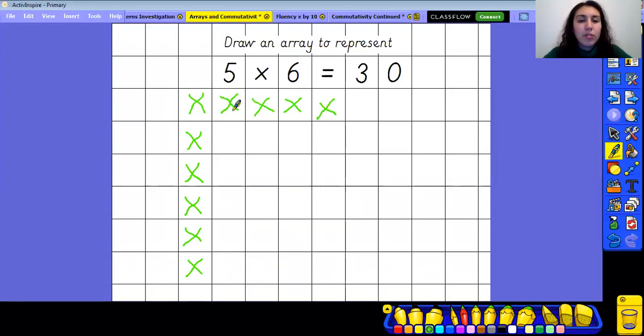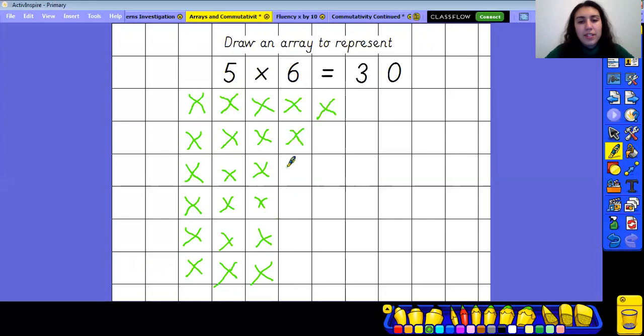So that means in this group, I've also got 6. 1, 2, 3, 4, 5, 6. And then in this group, I've also got to have 6. 2, 3, 4, 5, 6. And then in this group, I've also got to have 6.